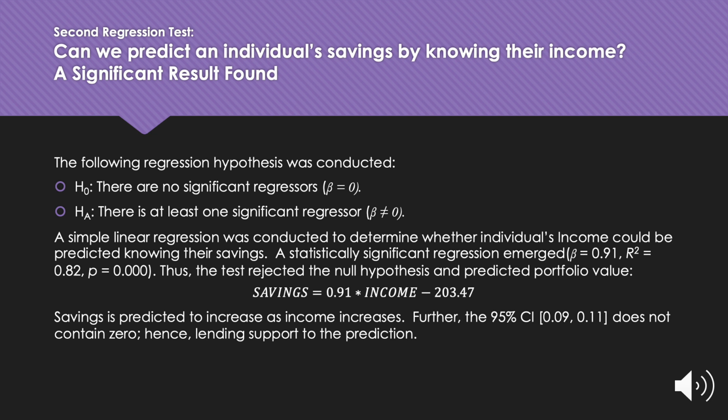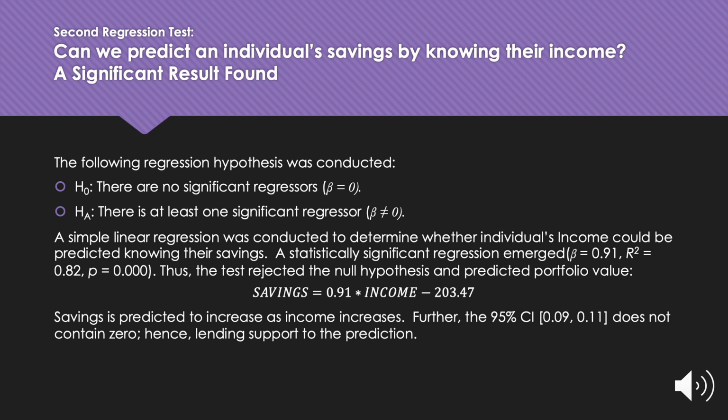A statistically significant regression emerged with beta equal 0.91, r squared equal 0.82, and p equal 0. Thus, the test rejected the null hypothesis and predicted portfolio value, where savings equal 0.91 times income minus 203.47.